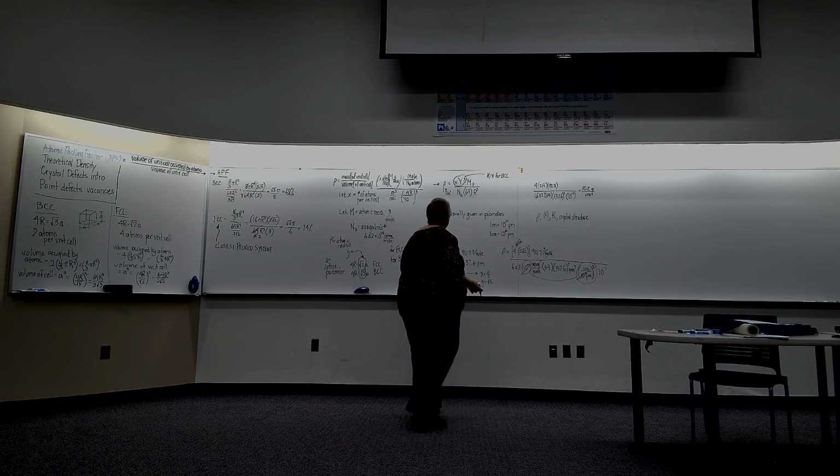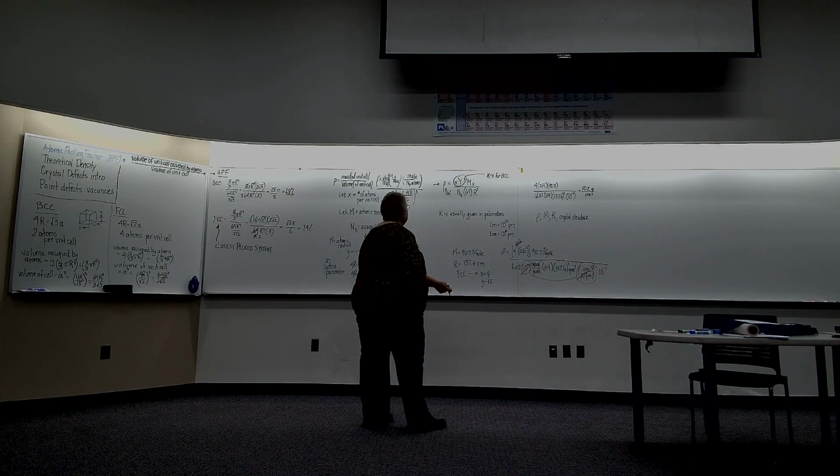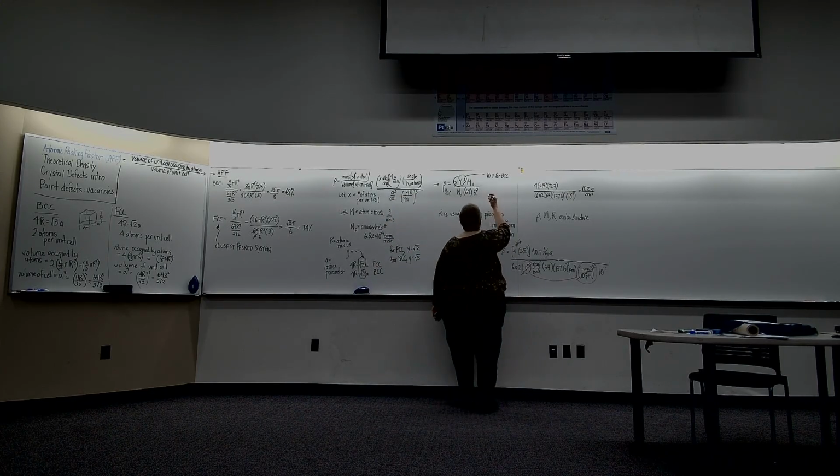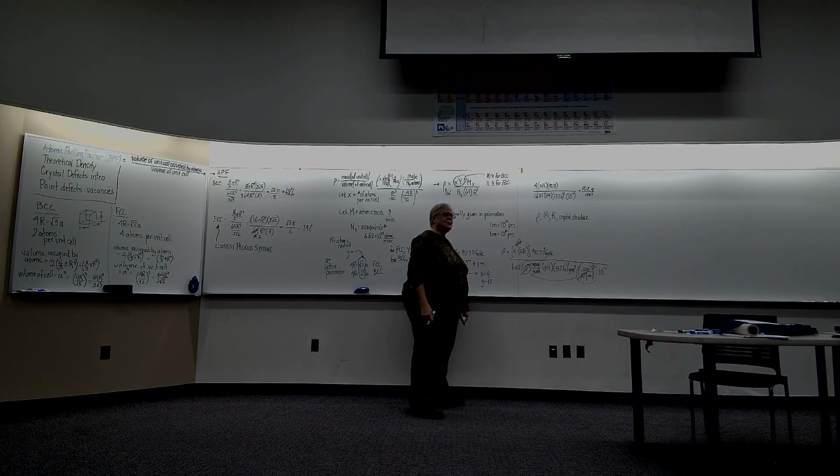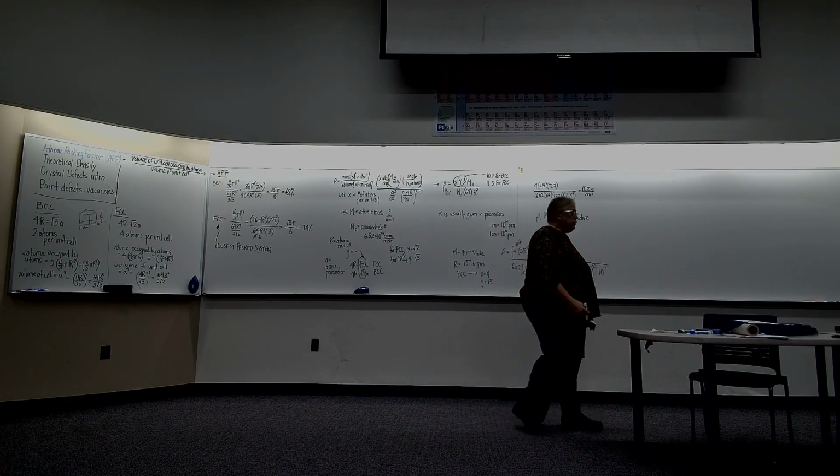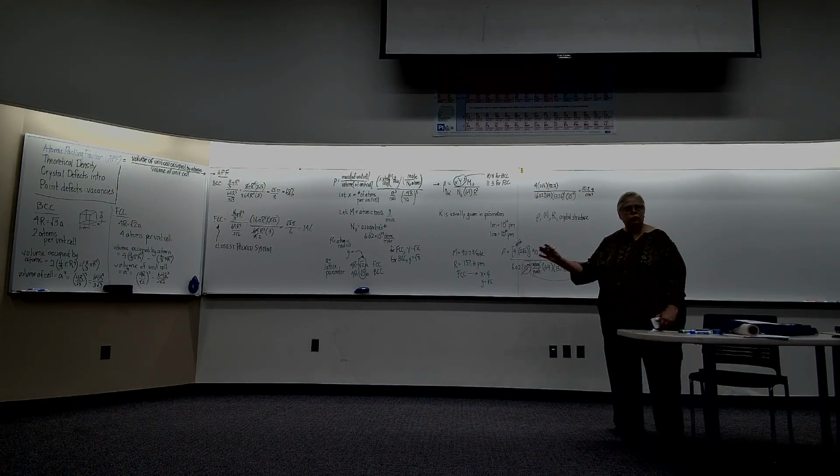And if this is FCC, x is 4, y cubed is 2 root 2, so that's 8 root 2. That's 11.3. Those numbers are kind of close together. The number you get, if it's a correct number, will be very close to one or the other.